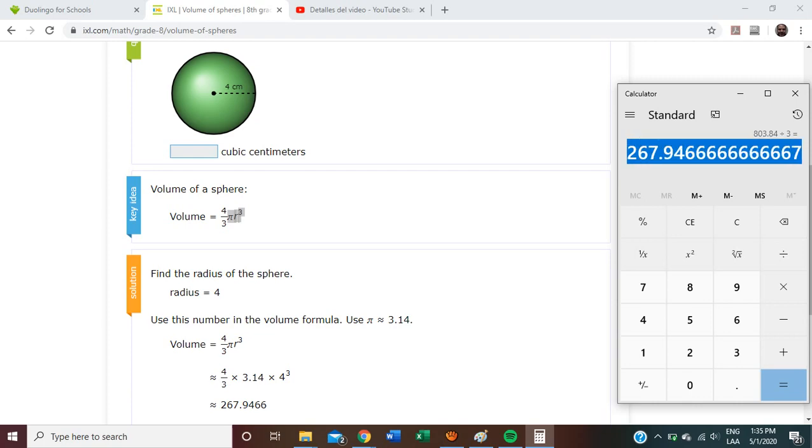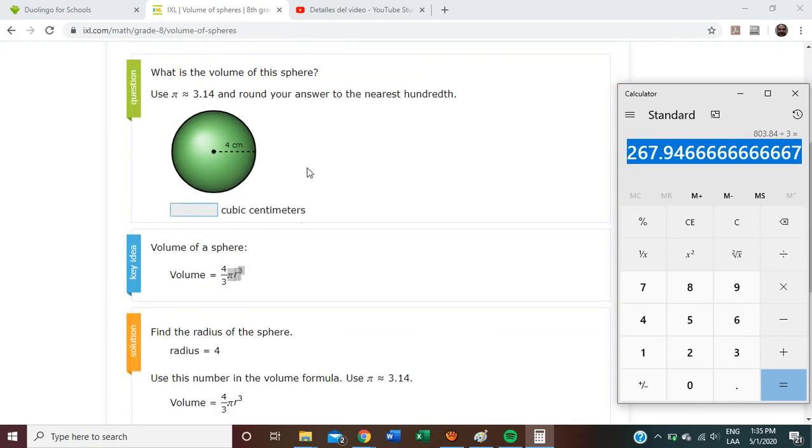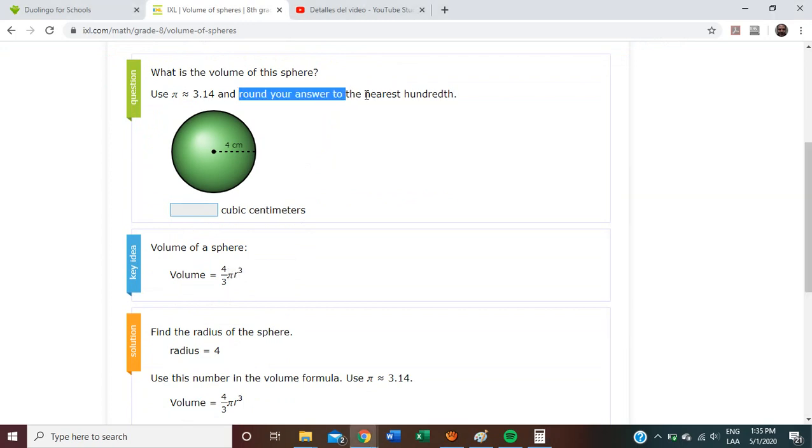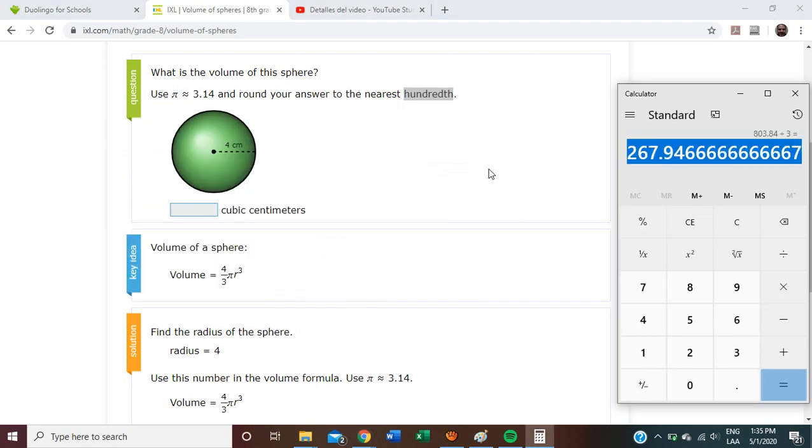Okay? This is the answer, but pay attention because the problem tells you to round your answer to the nearest hundredth. The nearest hundredth means that we are going to use only 2 numbers after the decimal. This is the nearest tenth, and this is the nearest hundredth. All right.